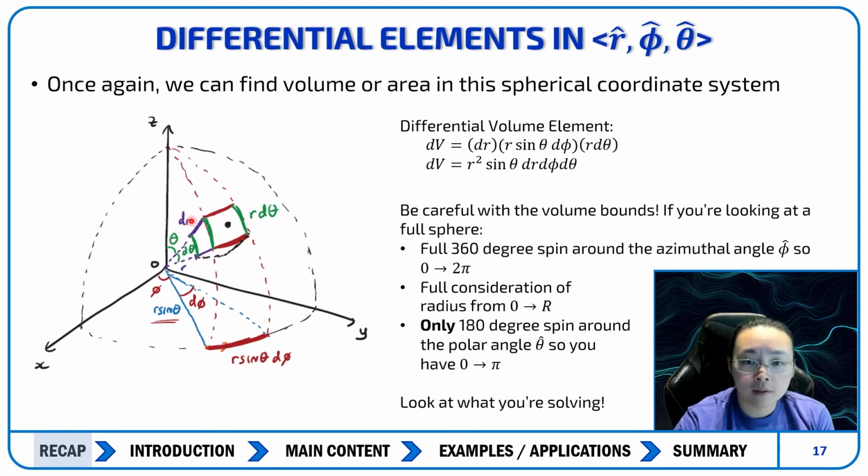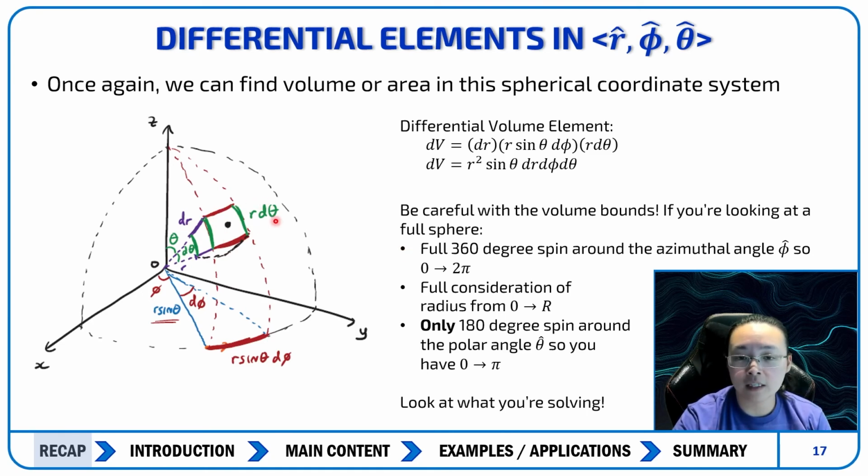For volume, you have dr in purple, and over here, you now have r d theta because it's a change in the polar angle or the inclination angle, and that's an arc length. So don't forget, there's only one straight line in this 3D shape, and that's dr. The change in green and the change in red, they're both curved lines.